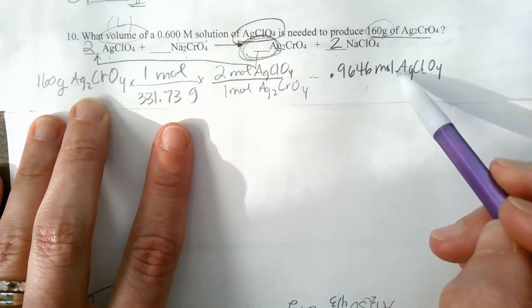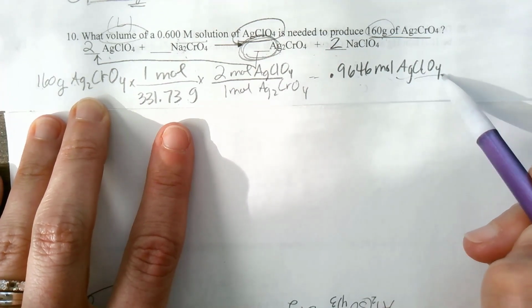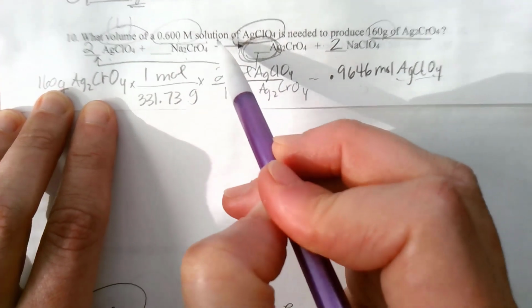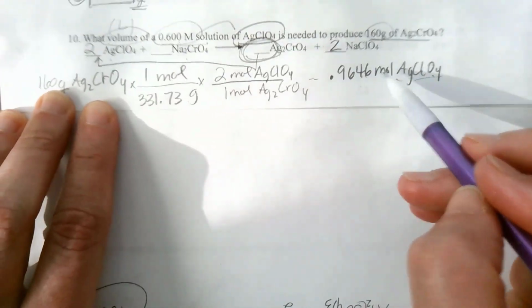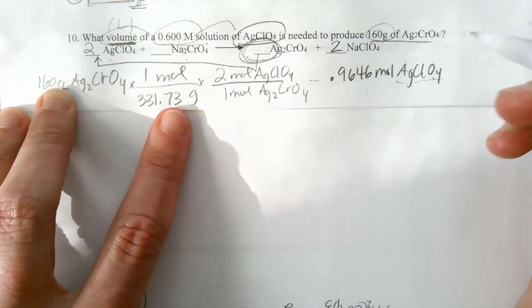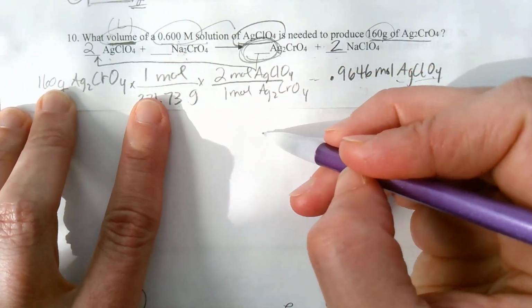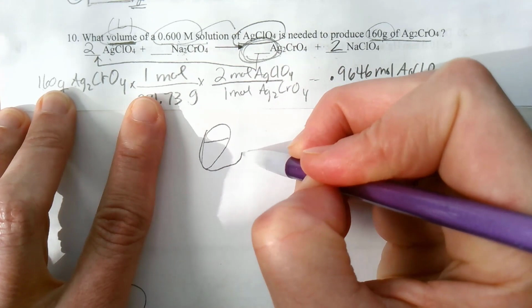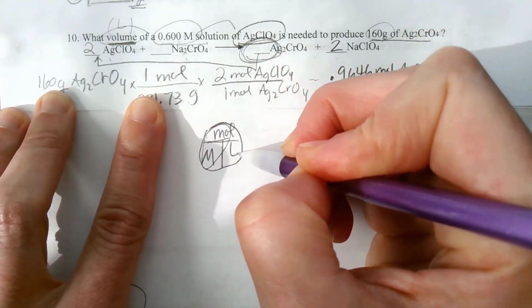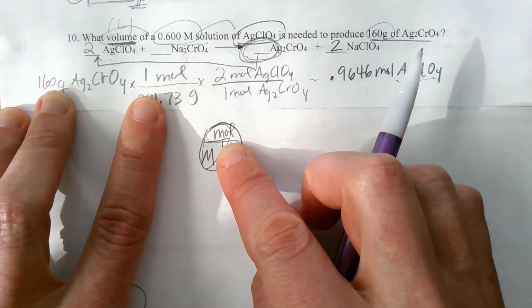So we now know moles of the silver chlorate. We know concentration of the silver chlorate. So if I know moles and I know concentration, we can find volume, right? That's just plugging it into molarity, moles, liters. To find volume, it's moles divided by molarity.